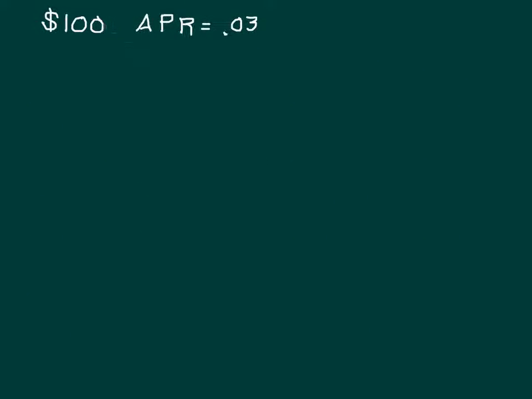Then we have Zach, who deposits $1,200 at the end of each year, and his APR is also 3%.